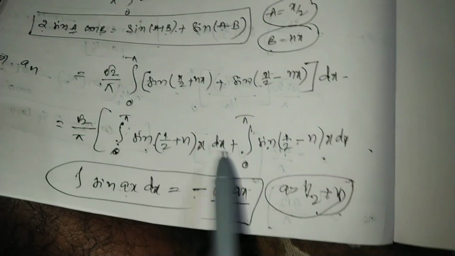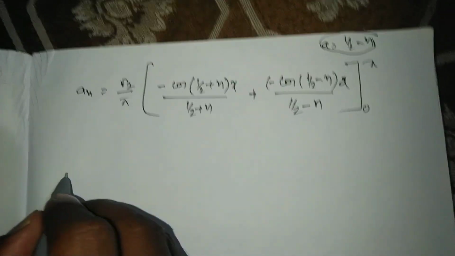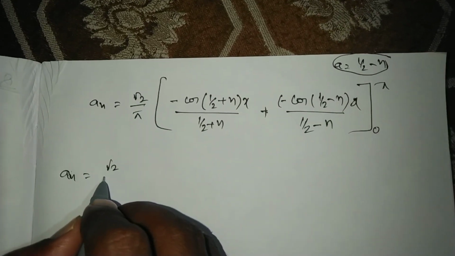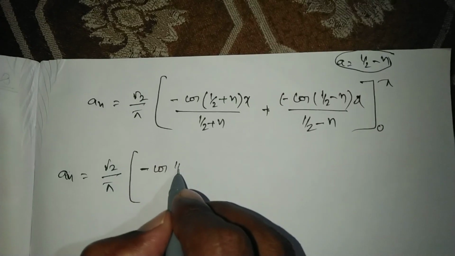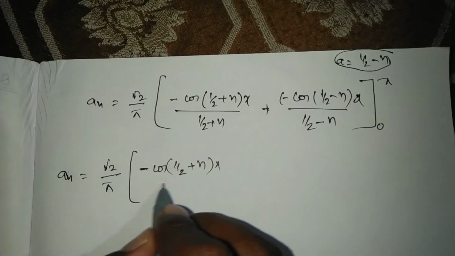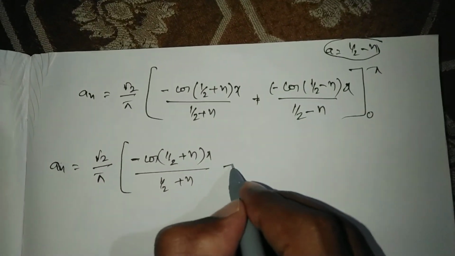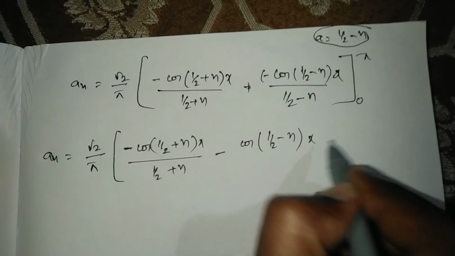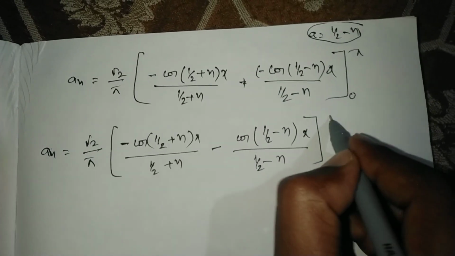See here both limits are equal, 0 to π. So aₙ is equal to √2/π times −cos((1/2 + n)x) divided by (1/2 + n), plus −cos((1/2 − n)x) divided by (1/2 − n), where the limits are 0 to π.